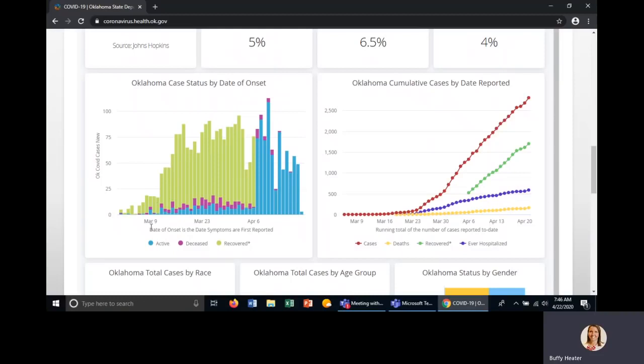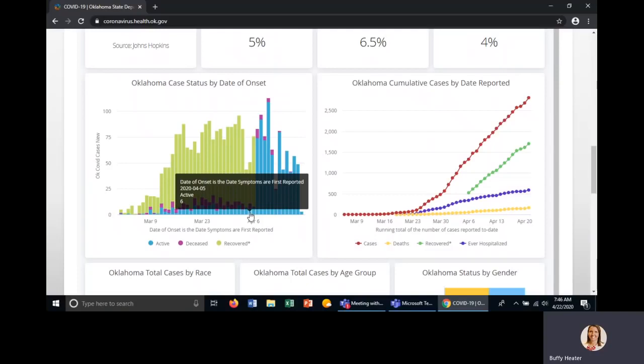What you see here is that in blue, you see daily tallies of individuals who are active. You have in purple numbers of individuals who are deceased, and you have in the light green the numbers of individuals who are recovered. This graph is indicating for a particular person with a certain date of onset of symptoms.